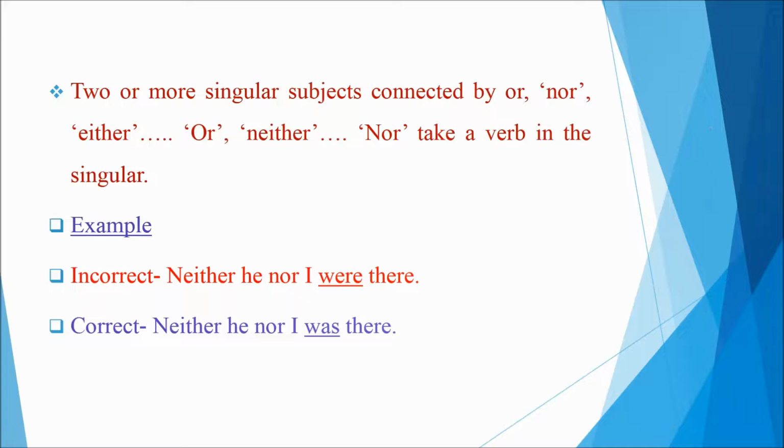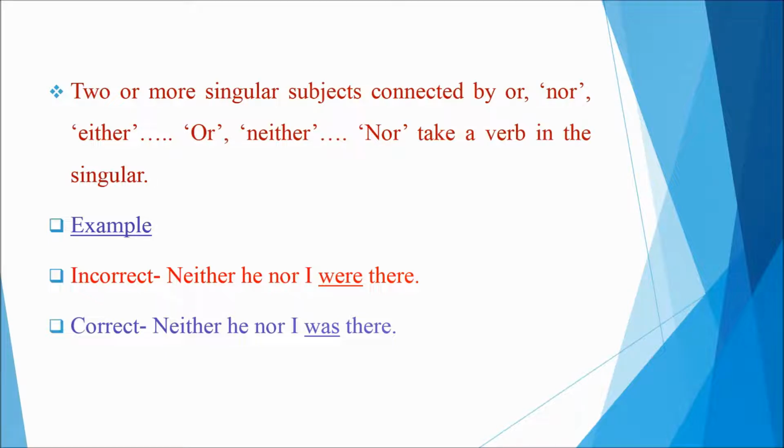Let's see the next rule. Two or more singular subjects connected by or, nor, either or, neither nor take a verb in the singular. First, look at the sentence. Neither he nor I were there. Is that correct sentence?